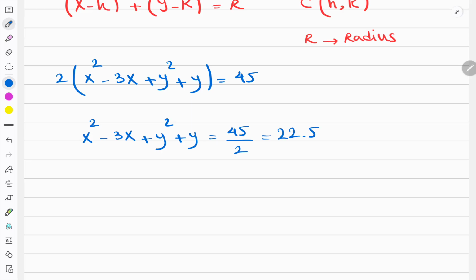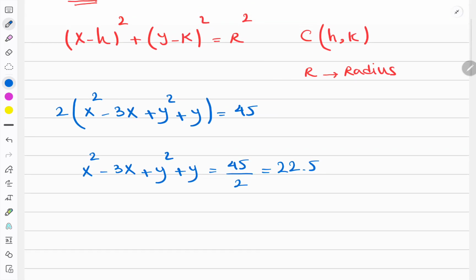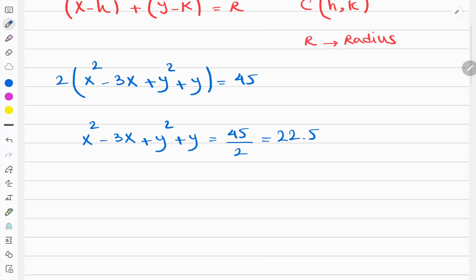And now for rearranging this equation into this form to find the value of r, I'm going to use a method which is completing the square. For this method, I'm going to put x squared minus 3x in one group.